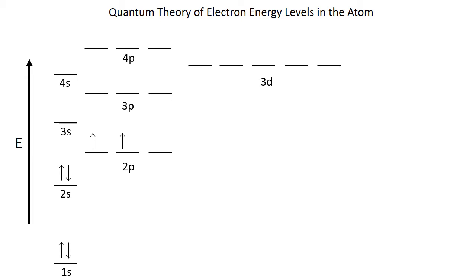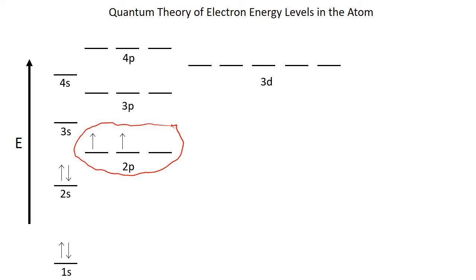Whenever I have a situation like I do with the 2p orbitals where all 3 have equivalent energy, I know that 1 electron will go in each orbital before I would begin to pair them up. That's slightly more favorable in energy than pairing up the electrons into a single orbital. Now, what we're interested in for bonding is only the valence electrons.